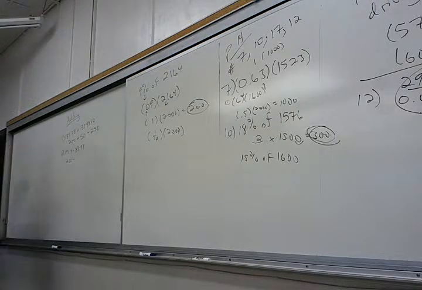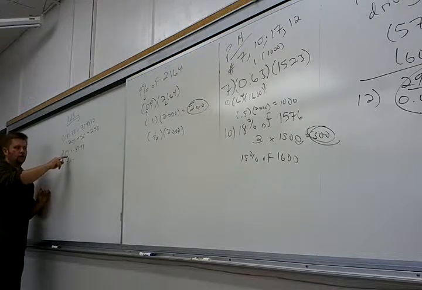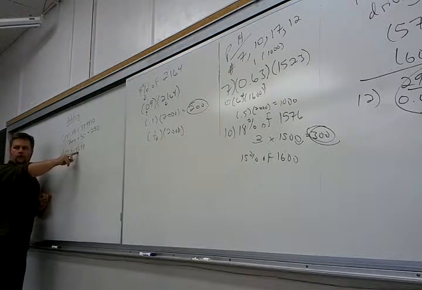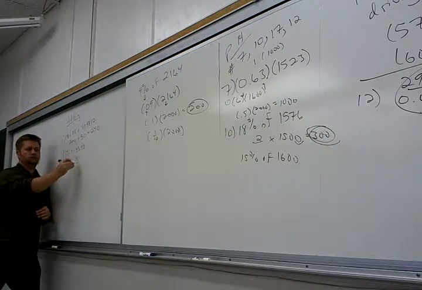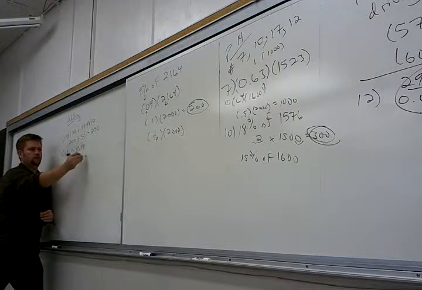Because how far apart are 9 and 6? 3. To make it 3 apart still, if I go up to 10, this one better go up to 7. Now it's still 3 apart, isn't it? So to make a difference the same, they have to both go the same way. To make an addition the same, they have to go different ways, so they don't overestimate or underestimate, right? So here, if I make that one go up to 200, that one better also go up to 90. See, that's not too bad.